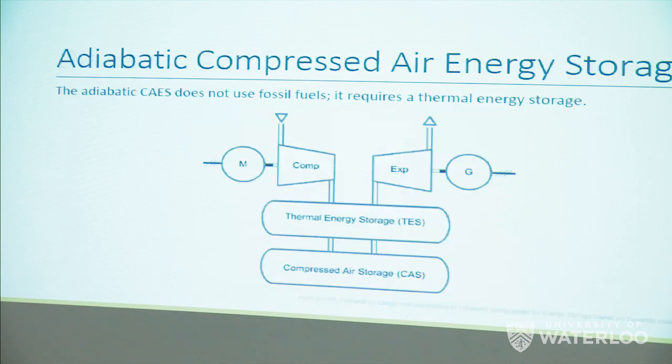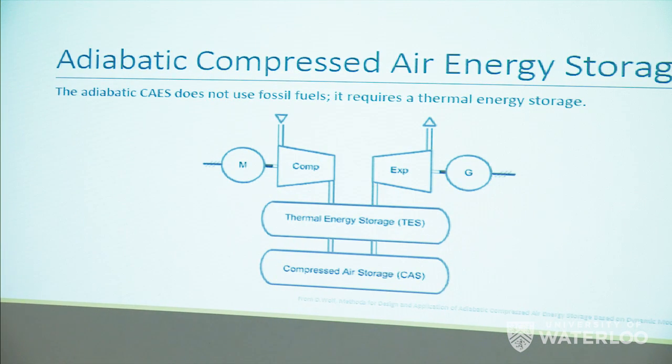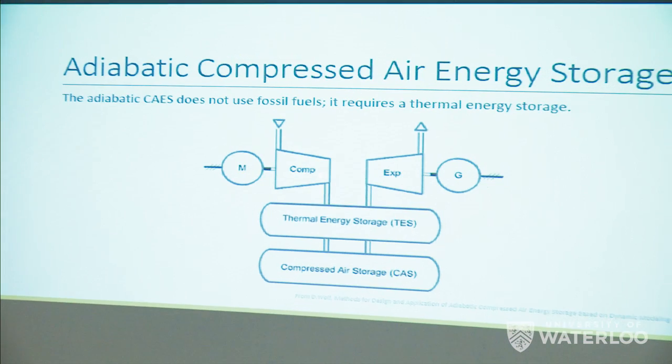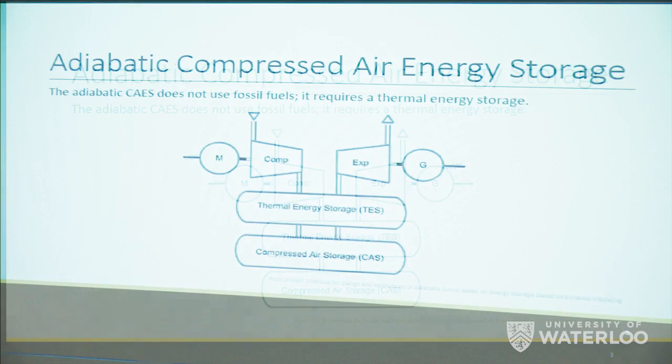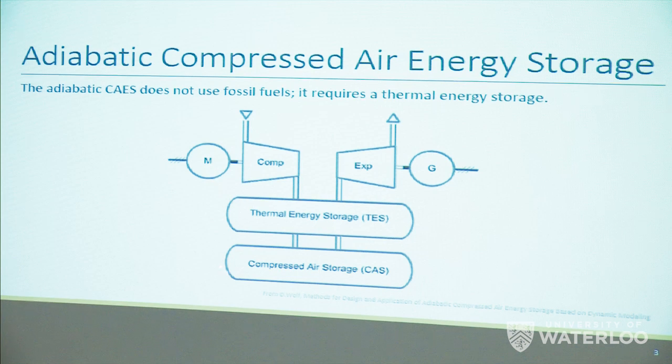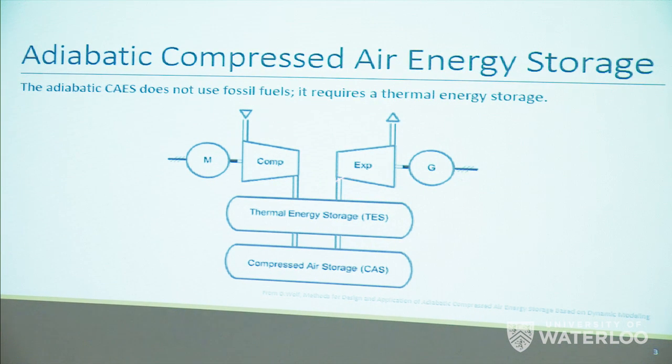In the case of the adiabatic system, after the compressor and the heat exchanger, there is a thermal energy storage unit. What is this for? The heat that you get after cooling the air down is stored there in order to use it before the expansion.